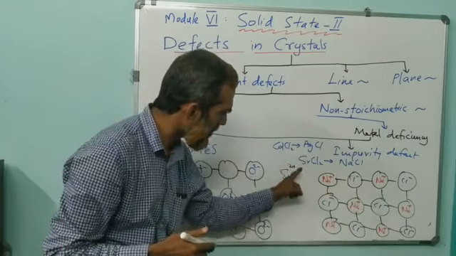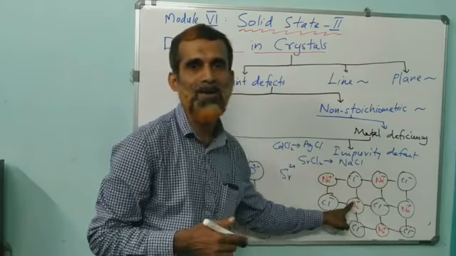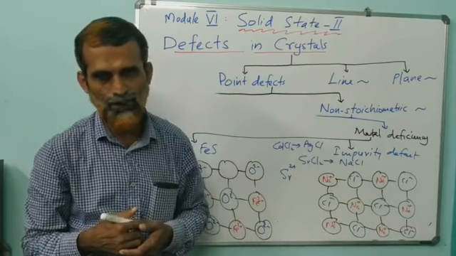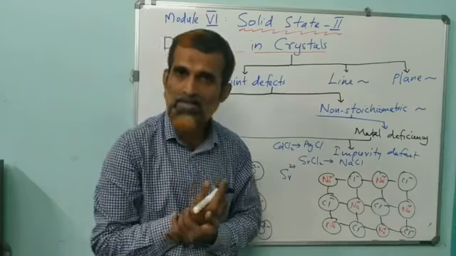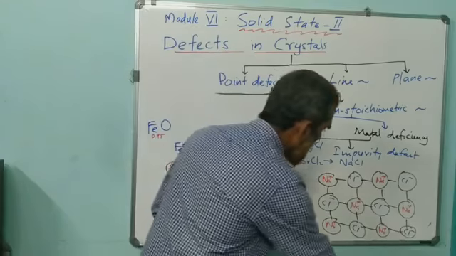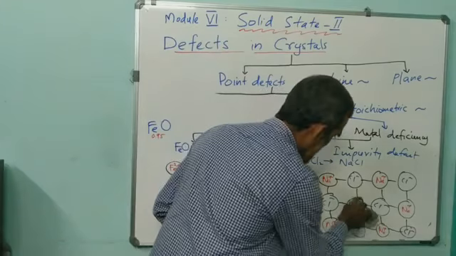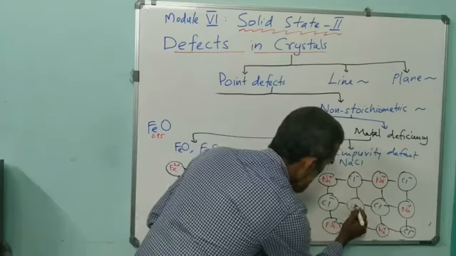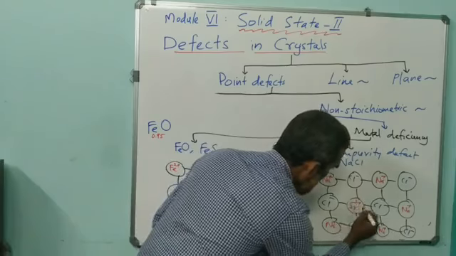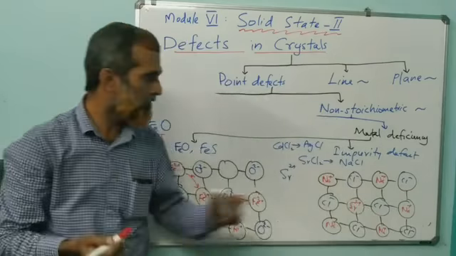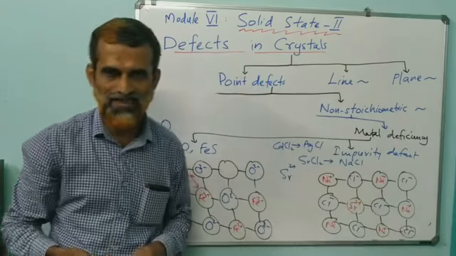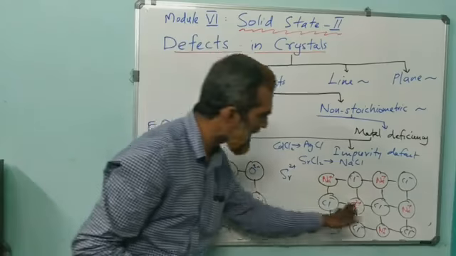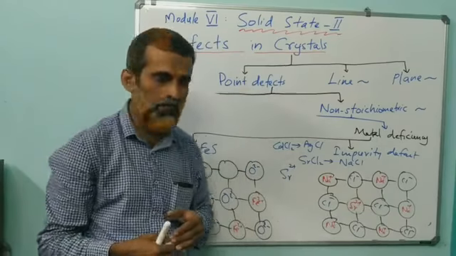That means the strontium ion will replace the sodium ion in its place. That's called substitutional solid solution. So in place of a sodium ion, we are writing a strontium ion. So we have incorporated an impurity ion, a foreign atom. It has entered the lattice substitutionally.